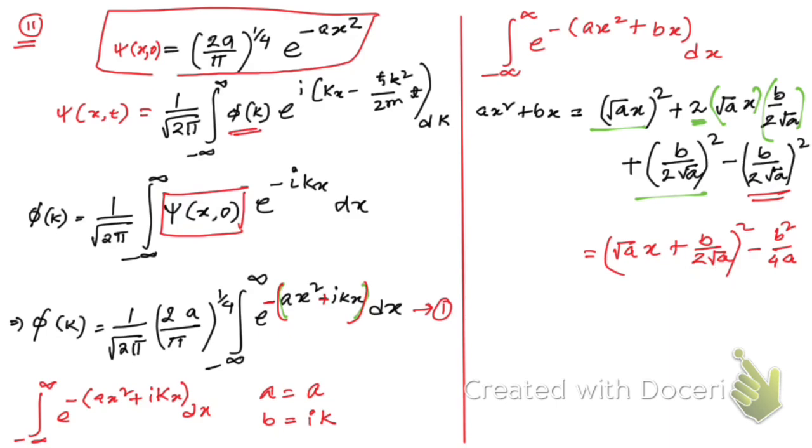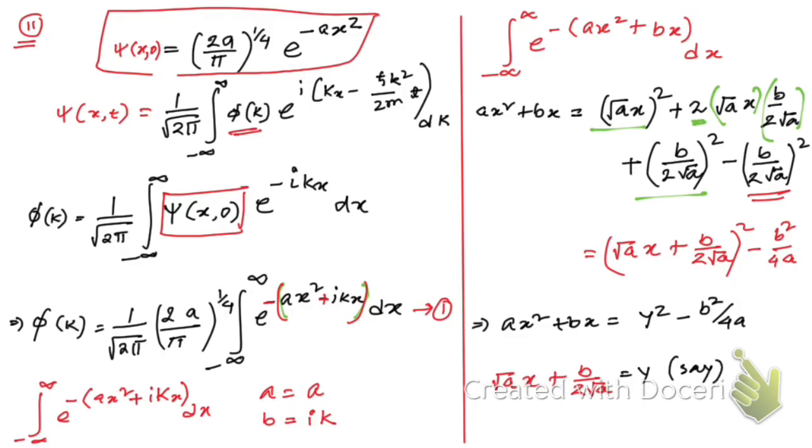Now let me consider this term as y. Then what we can write, ax square plus bx is equal to y square minus b square by 4a, considering that we have considered this term as y, right?